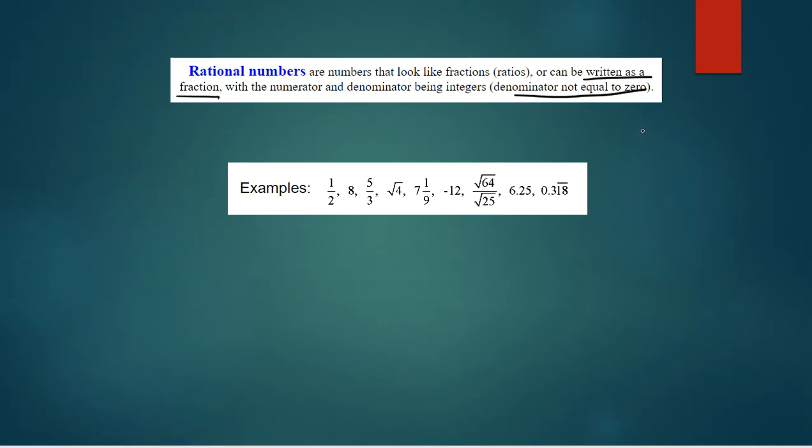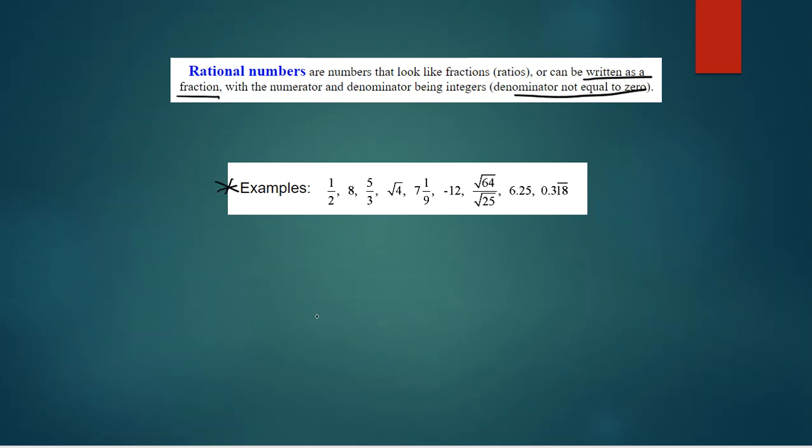In math, anytime you have a denominator that is equal to 0, we call that undefined. Anytime you're trying to divide by 0, you can't do that. That's called undefined. So rational numbers are any numbers that can be written as a fraction, and the denominator cannot be equal to 0, because if the denominator was equal to 0, that would be called undefined.